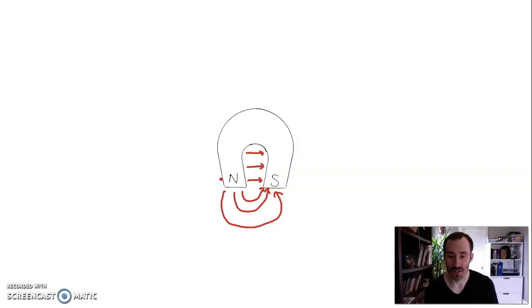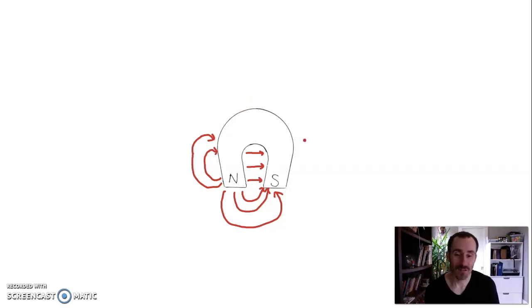So we'll get field lines kind of going like this, from a more northerly point to a more southerly point. And then it goes around like this.